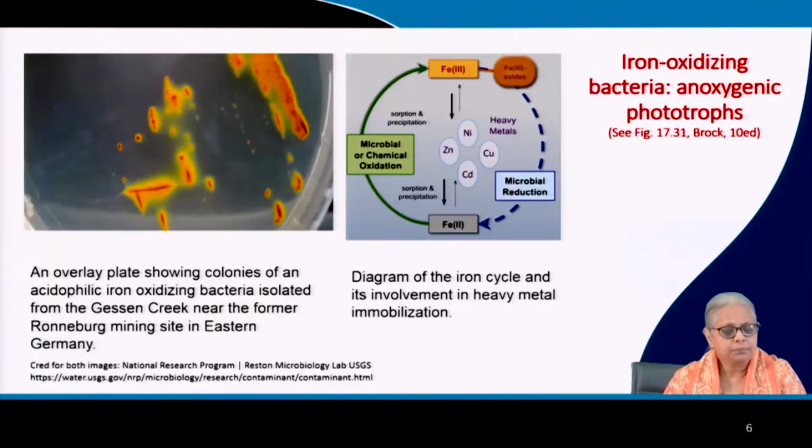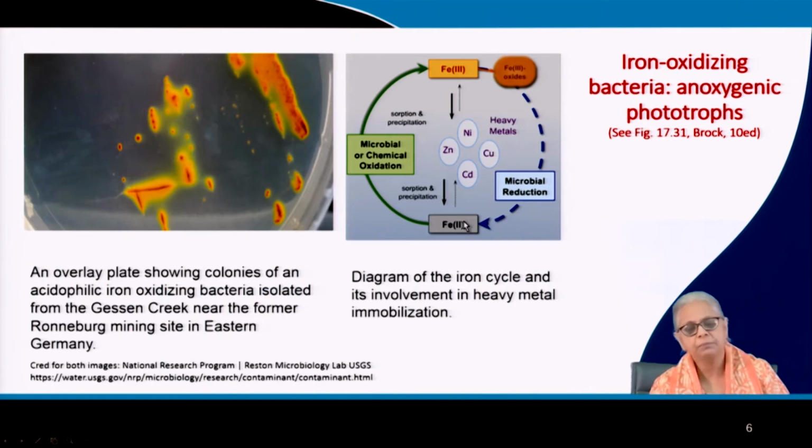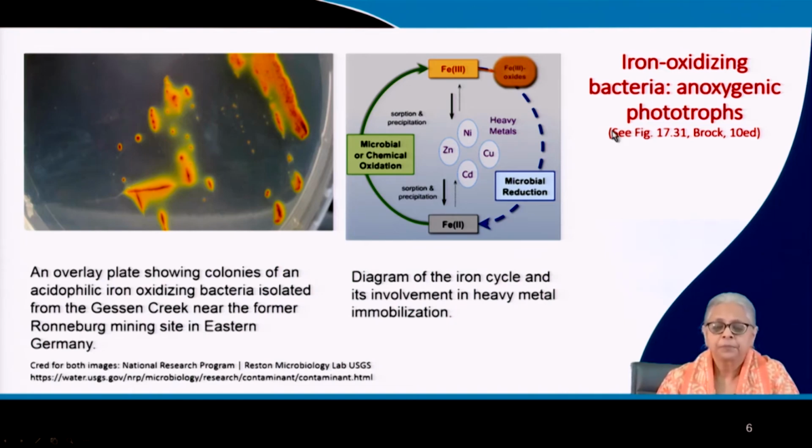Here are more examples of the colonies of acidophilic iron oxidizing bacteria isolated from another mining site in Germany. So these are just examples of the same. And this is also an example of how iron is recycled in nature based on both chemical as well as microbial oxidation.